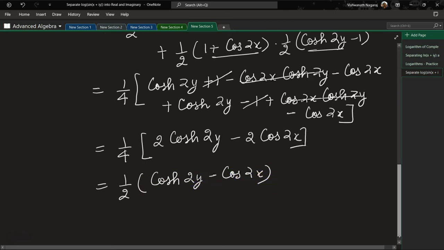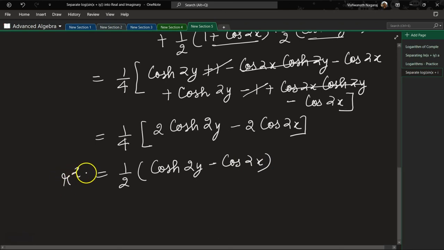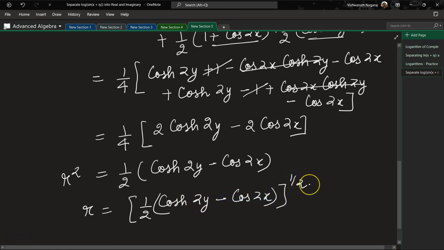Okay, so what is this? This is r square. So r would be 1 by 2 times cosh 2y minus cos 2x to the power of 1 by 2. Right? We take the square root. Okay, so we have got r now.